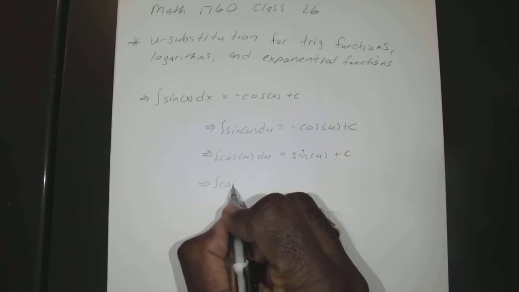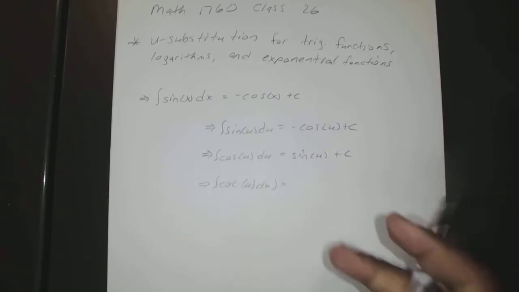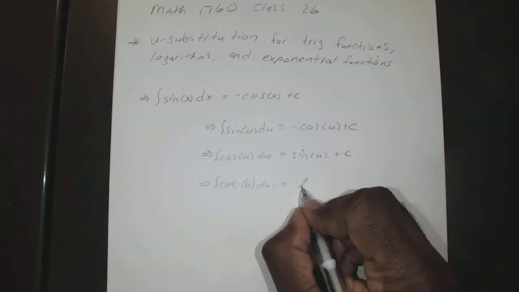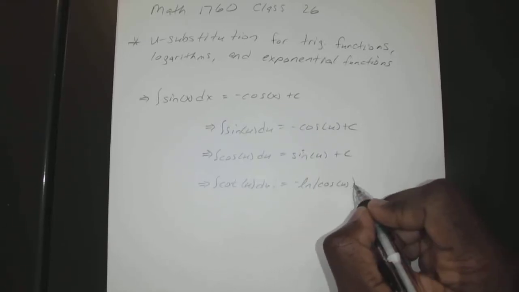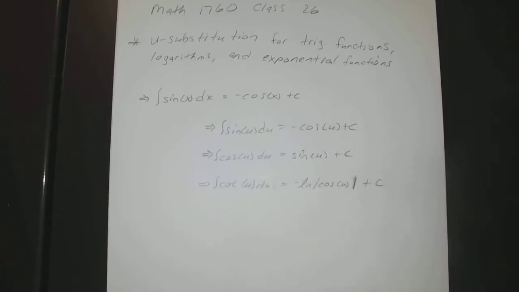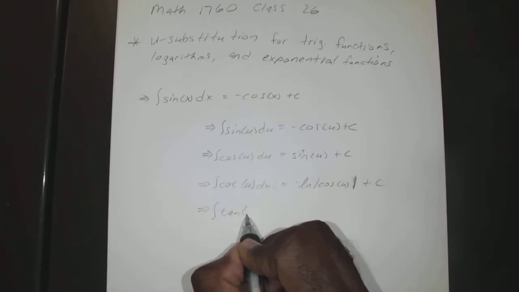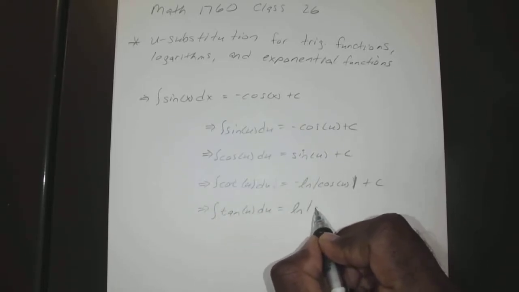The integral of cotangent of u is equal to negative natural log of the absolute value of cosine of u, plus c. The integral of tangent of u is equal to the natural log of the absolute value of sine.